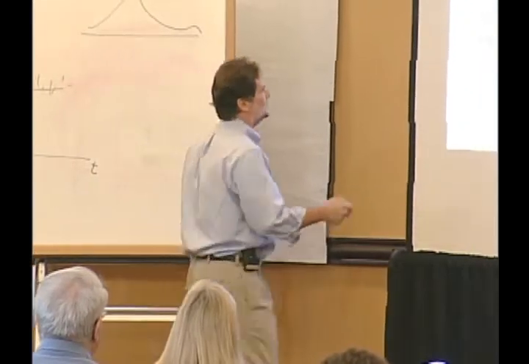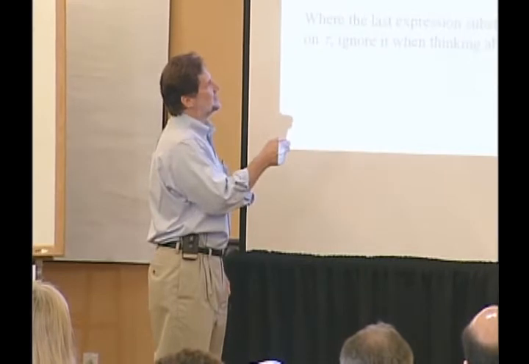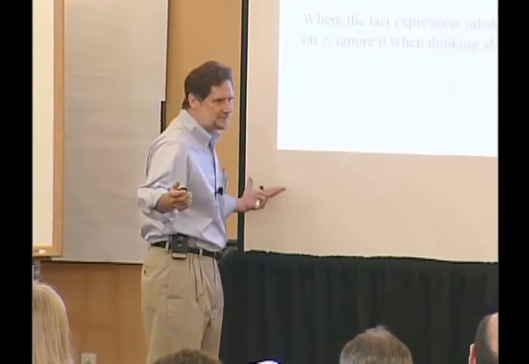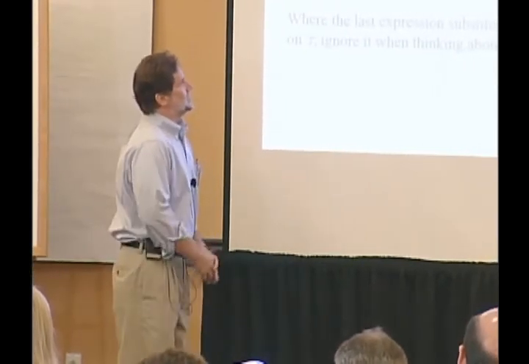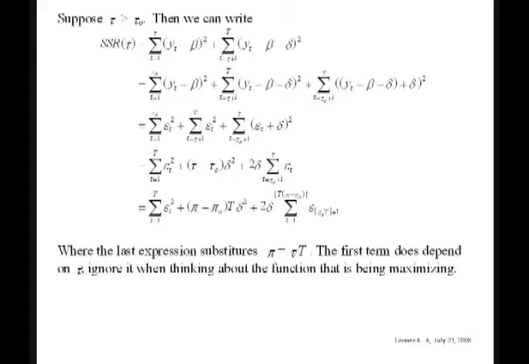I just wrote this in terms of pi, and pi times T is tau. Now what we want to do is take this function and minimize it over pi, or tau, same thing.